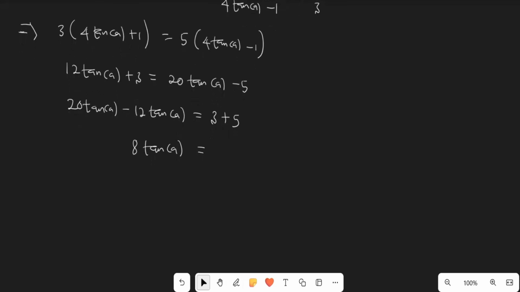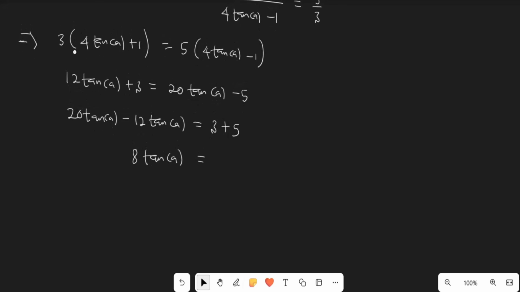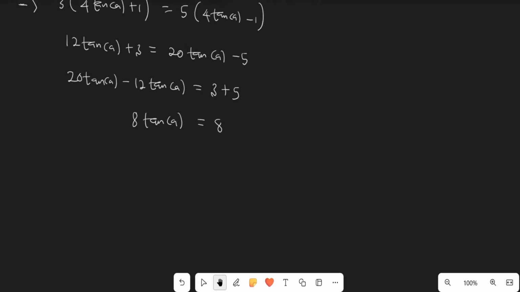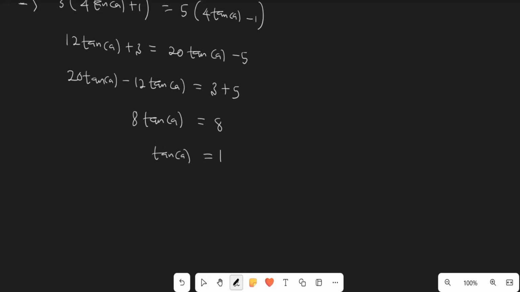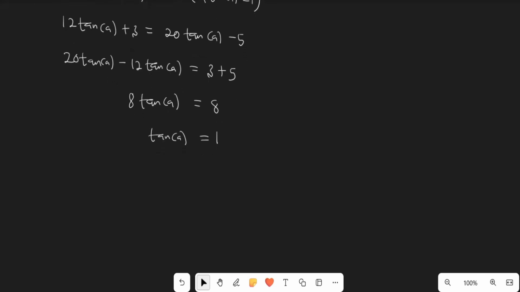That is going to be equal to what really? We have 12 plus 3, and 20 minus 5. When we subtract, that is 20 minus 12, which equals 3 plus 5, and that equals 8 as well. All right, so we can divide both sides by 8, so tangent of a equals 1. If we want a, we have to take the tan inverse on both sides.